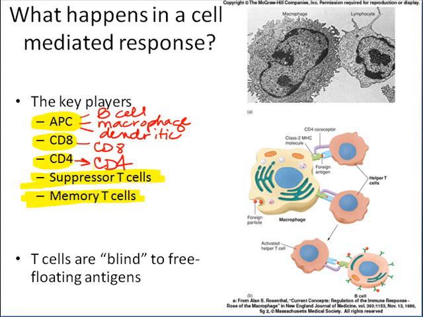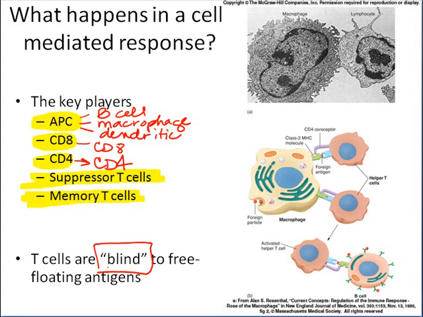Here's a quick, very important thing to remember, and that's really, really critical. If you have free-floating antigens in the body, like let's say bacterial toxins are free-floating in the blood, or viral particles are free-floating in the extracellular fluid, T cells are blind to those. T cells cannot see any kind of free-floating antigen.